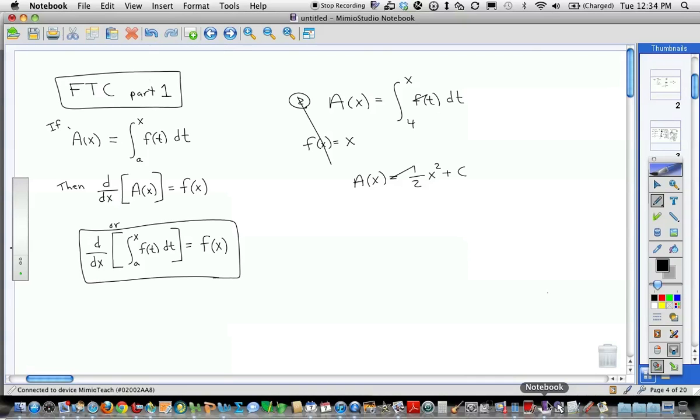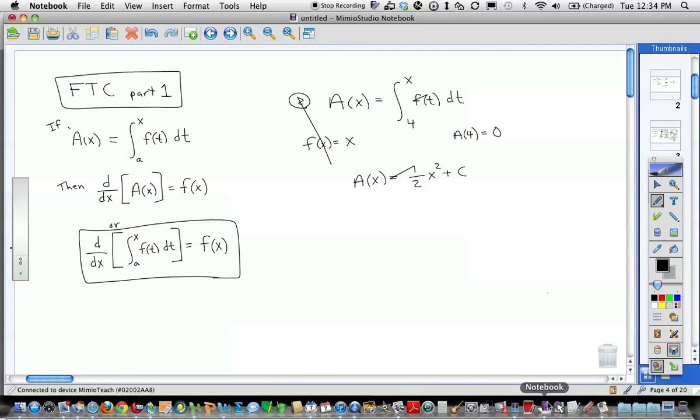Okay, the other thing that I would hope you would see when you see an area function like this is that initial condition that is right inside there. What's the initial condition that's right inside here? A of 4 equals 0. I just hope those two things come to mind right away.